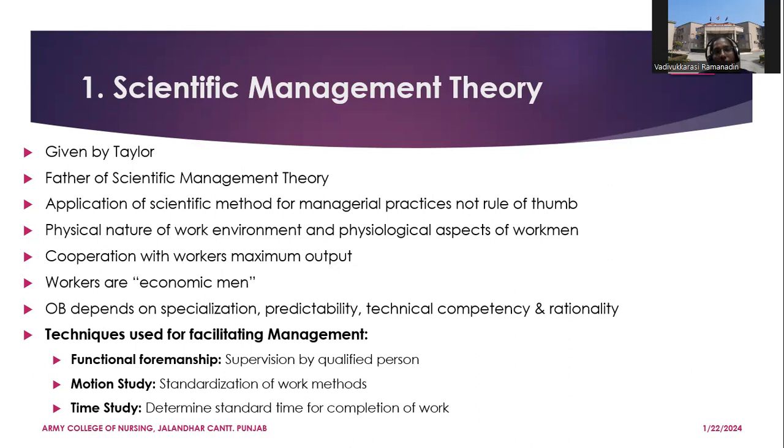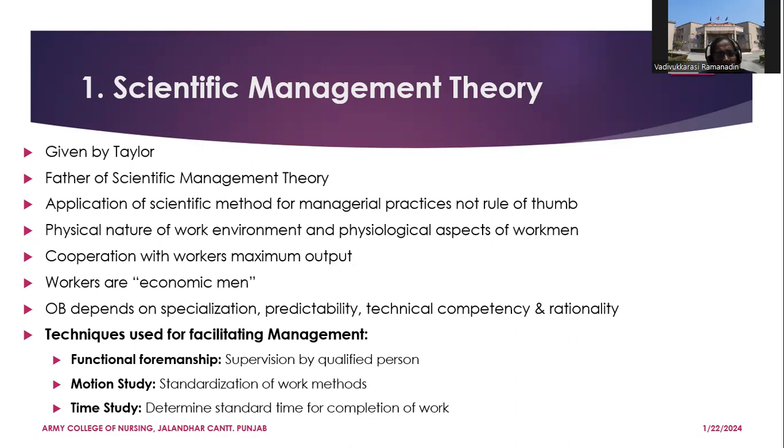So we have to see the financial aspects of the men also. Organizational behavior depends on specialization, predictability, technical competence, and rationality. So it depends on the job specification and what best they can do, predictability, technical competency and rationality. So this is about organizational behavior.